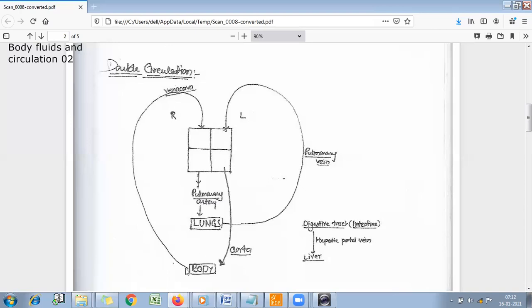We can see here, blood moves from the body to the heart. This blood vessel, this vein, contains deoxygenated blood. We need to remember, when blood moves from the body, the blood will be deoxygenated.